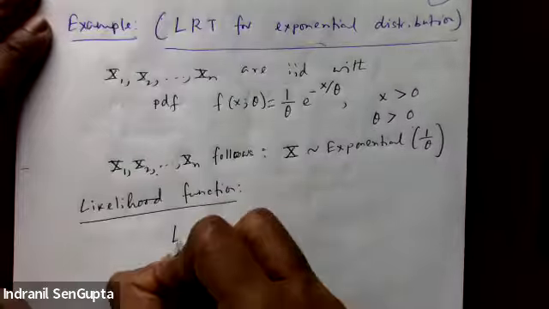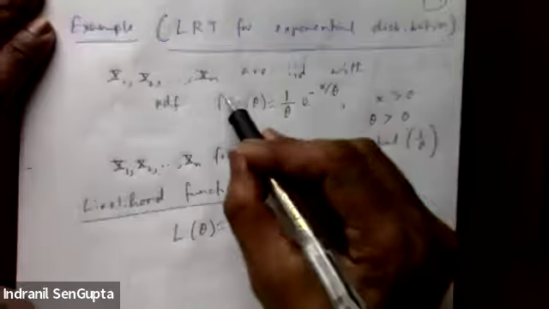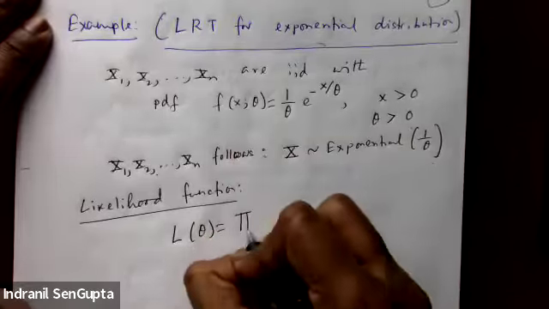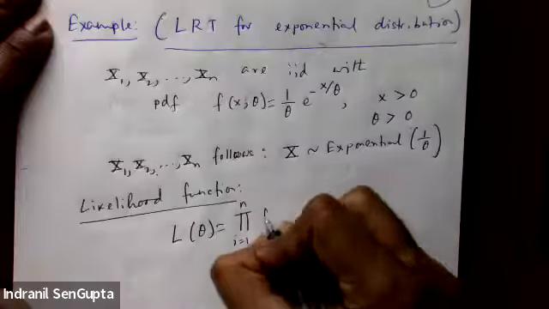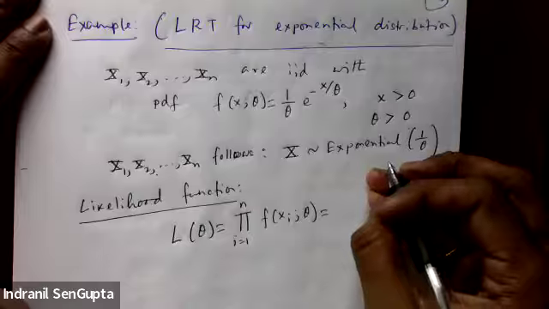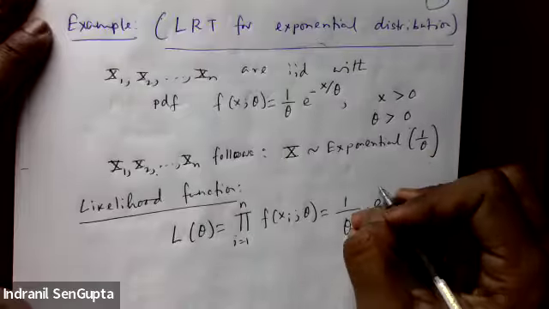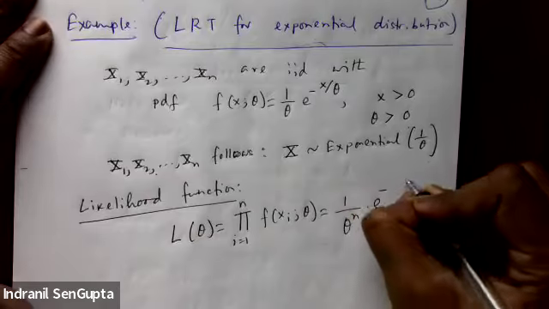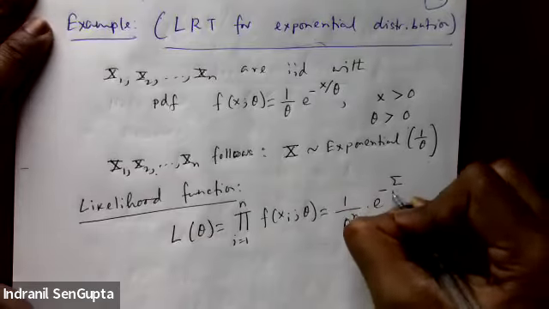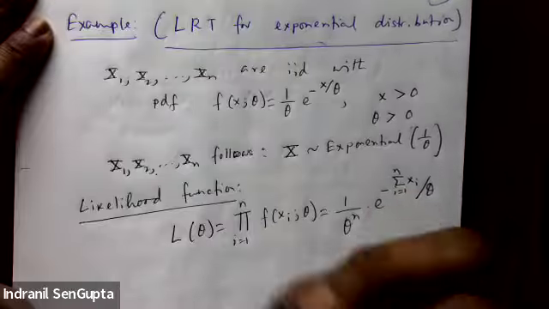Okay, but if I write the likelihood function, it's basically the product of a bunch of these, right? So it's the product over i from 1 to n of f of xi given theta. And if I compute this, it's basically 1 over theta to the n, e to the minus the summation i from 1 to n of xi over theta.